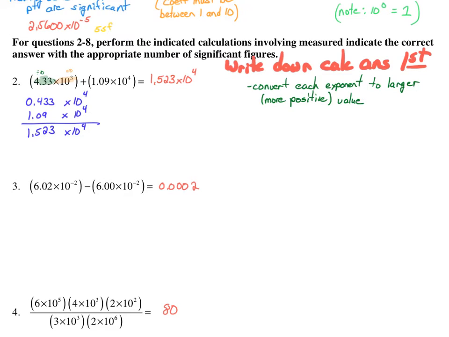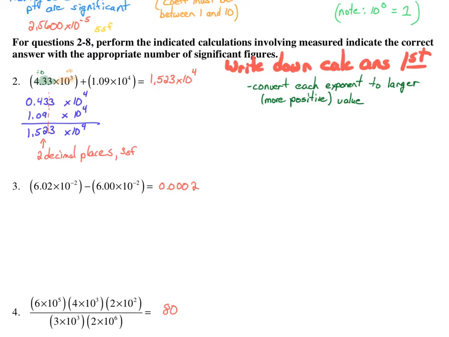Here's our intermediate result. By lining up the decimal points, we see that this number cannot go beyond 2 decimal places. For this number, 2 decimal places corresponds to 3 sig figs.